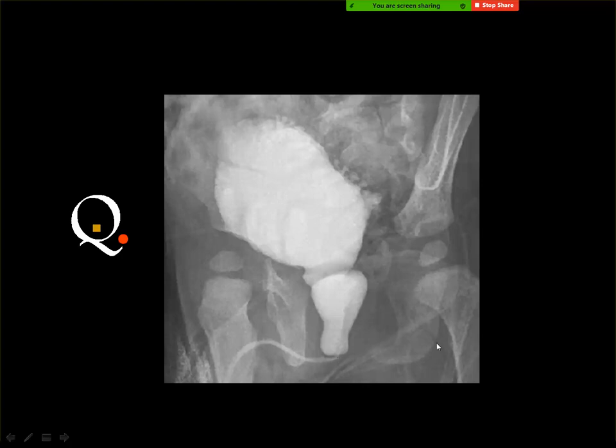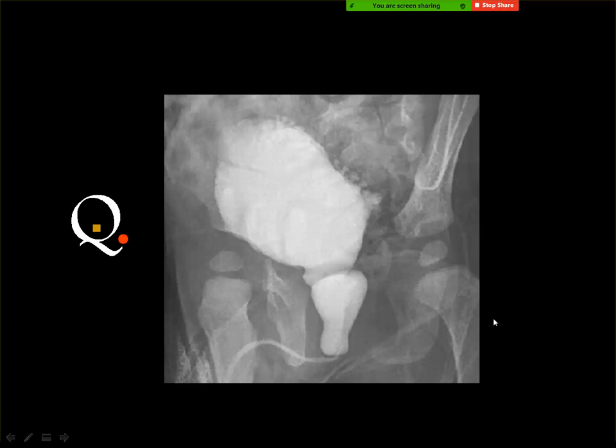Okay, and this is a young child, as you can see, and the narrowing here is classic for the posterior urethral valve, and this valve is obstructing the flow through the urethra, and the posterior urethra is markedly dilated, and also the bladder is distended with trabeculated wall, as well as multiple diverticuli representing the sequelae of outflow tract obstruction.